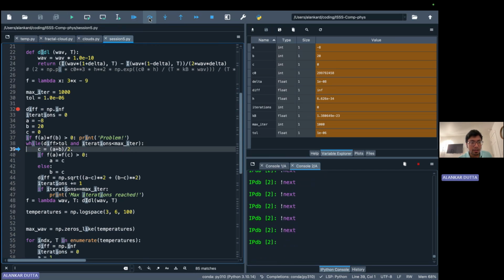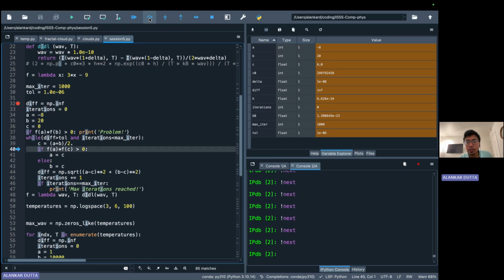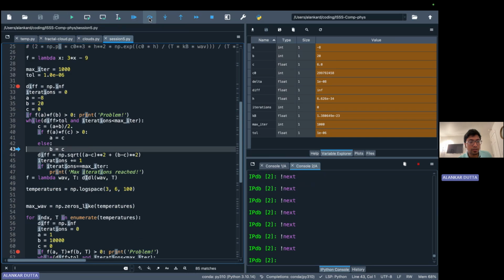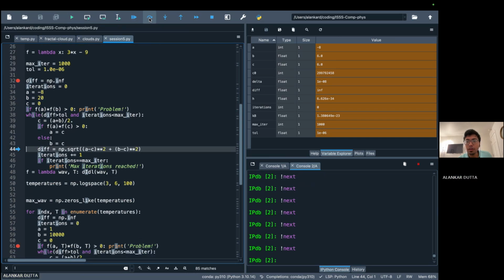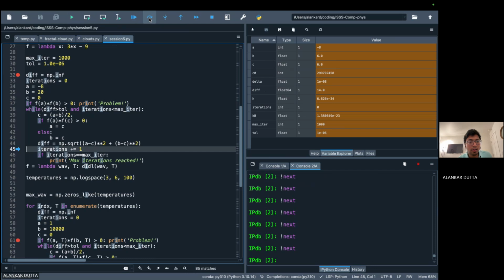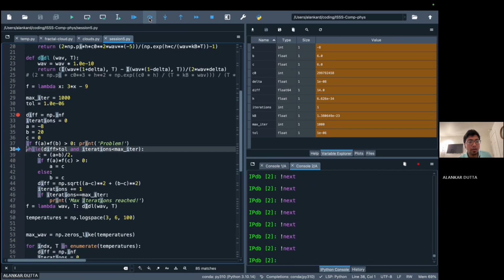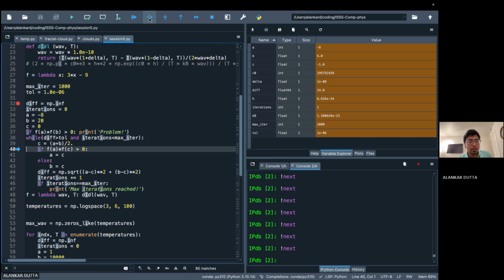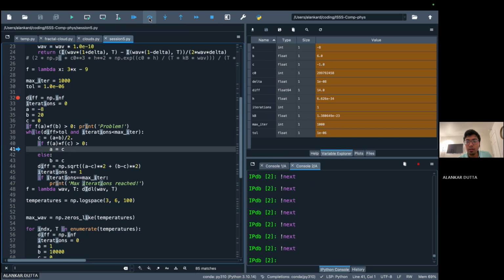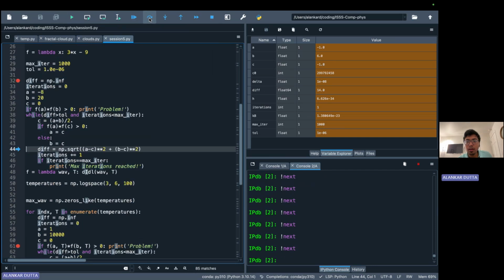And then come in here. So C is something. So it's 20 minus 8 will be 12, and half of 12 is 6. Come here. Check this. A changes now.